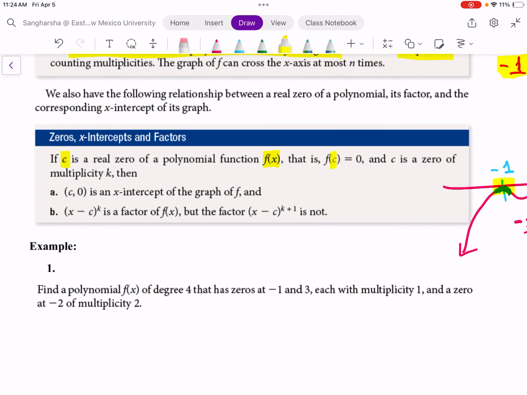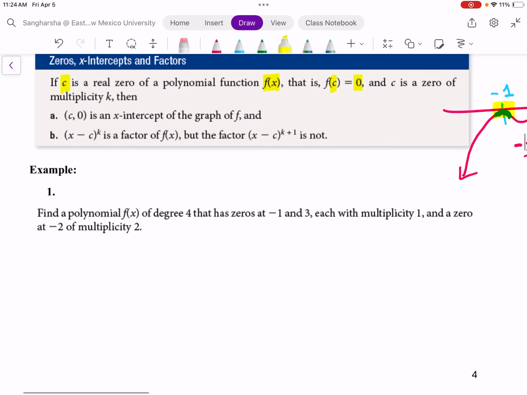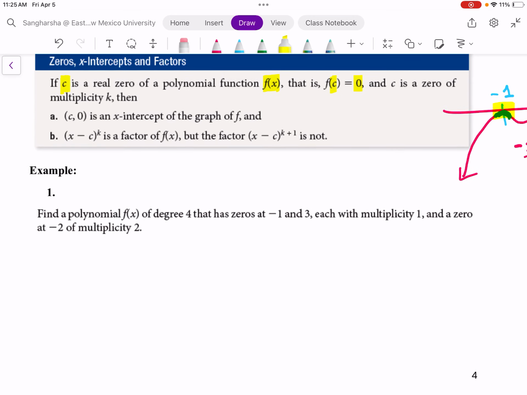So if c is a real zero, then x minus c is a factor.